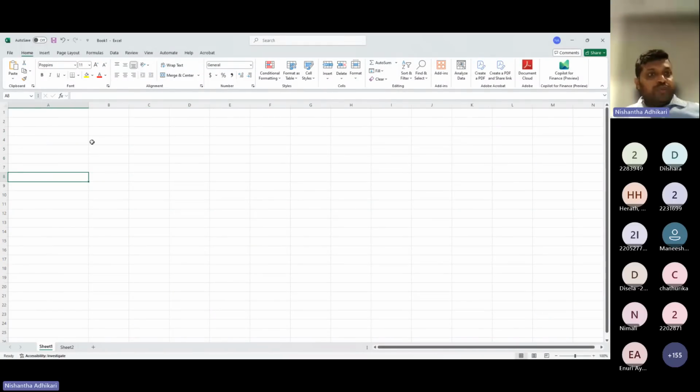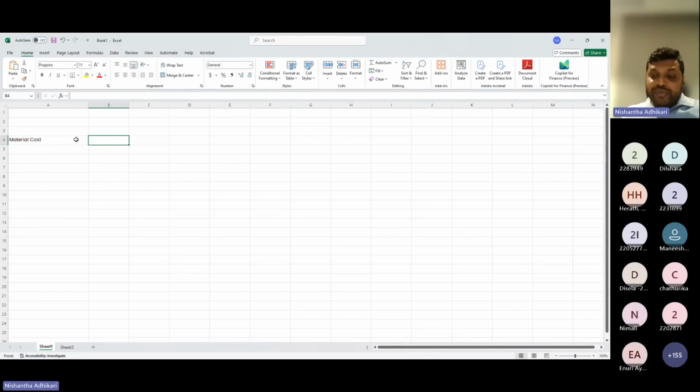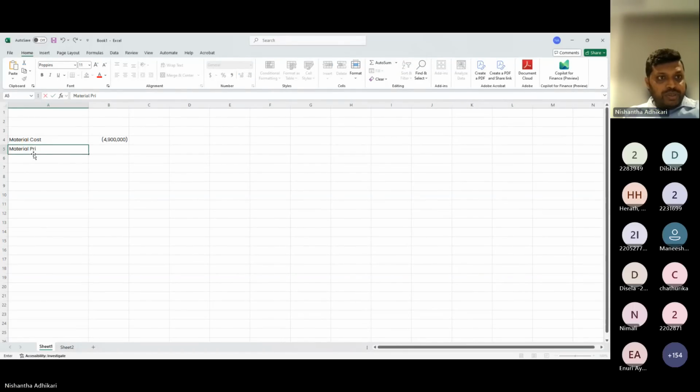Right, now the total material cost variance they have mentioned is adverse 4.9 million. Out of that, the material price variance they have mentioned is 4.8 million.